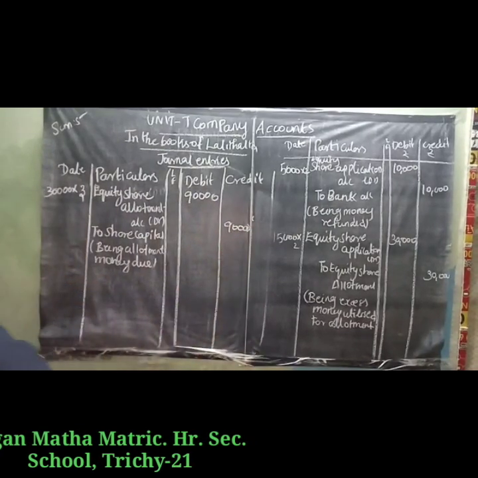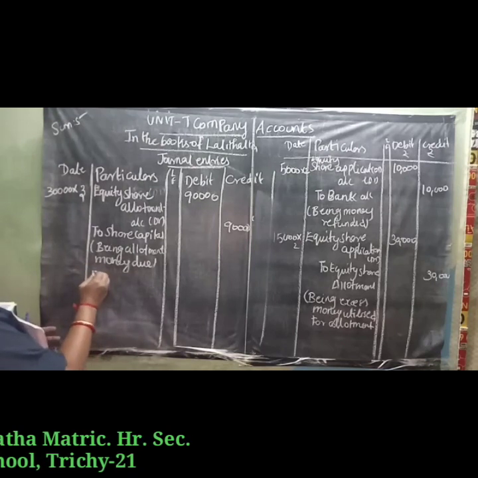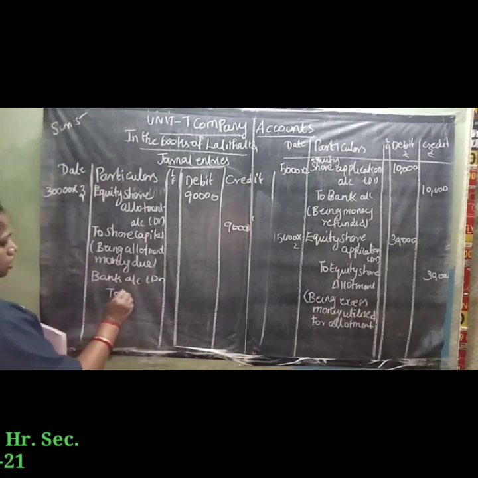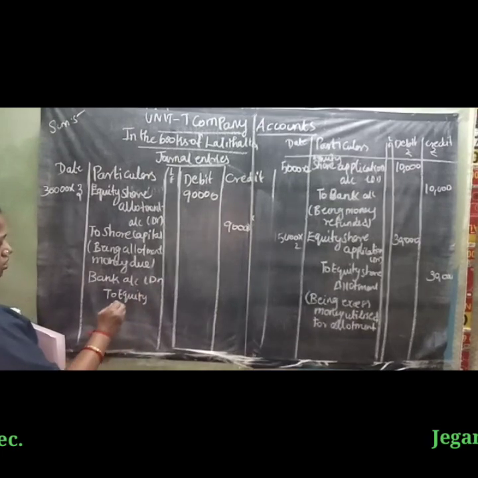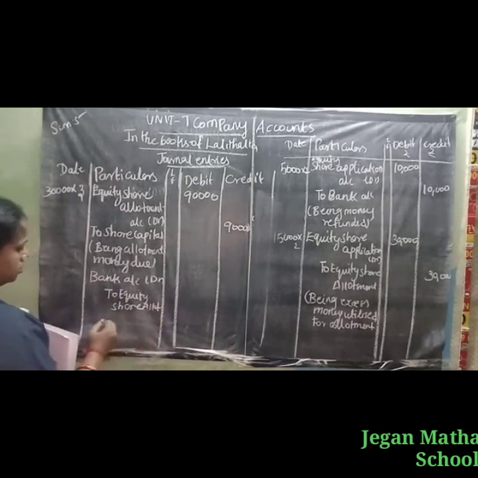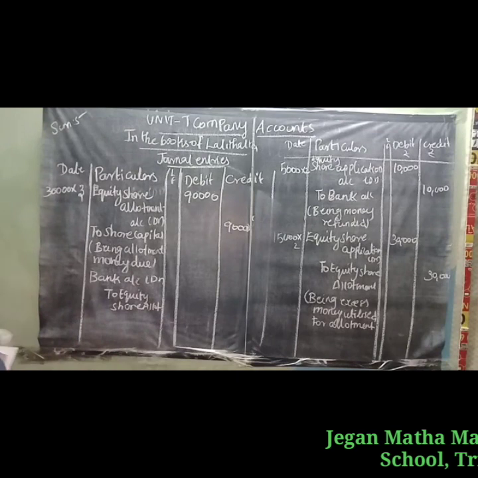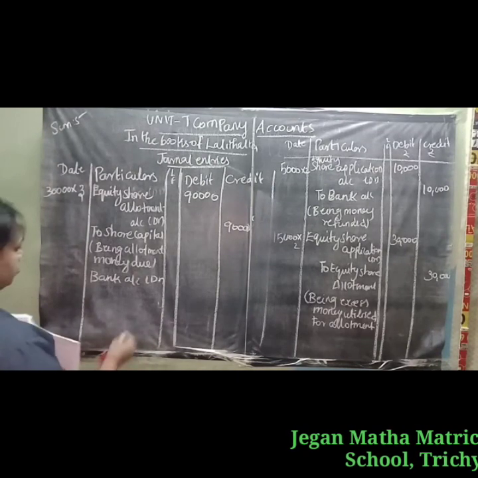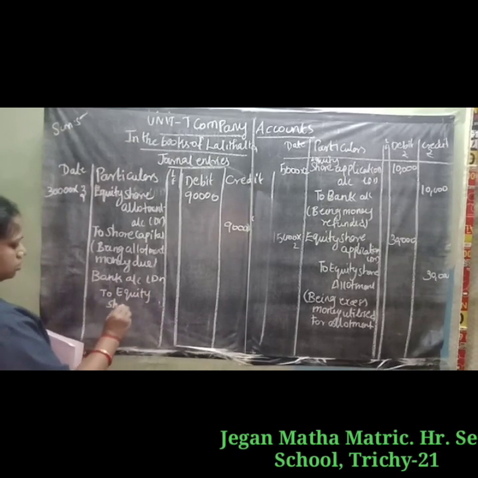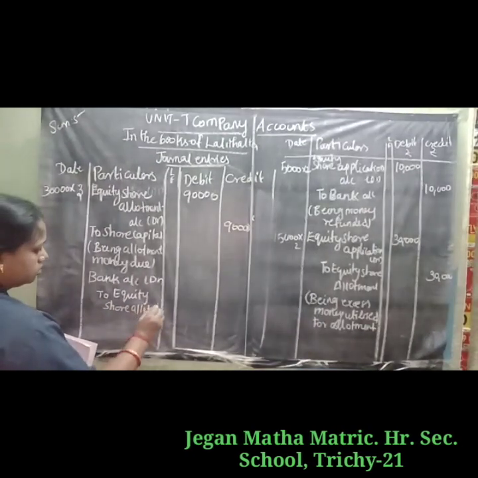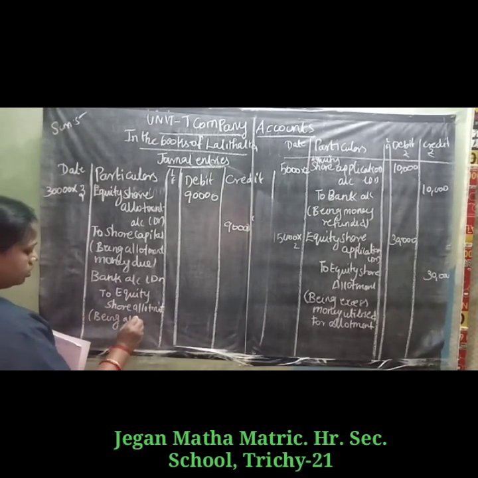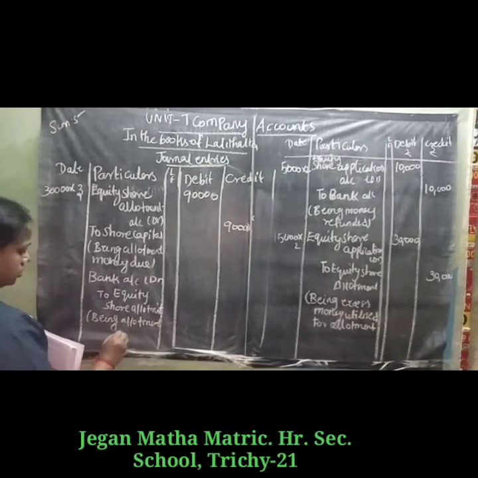So next entry, bank account debit to equity share allotment, being allotment money received.